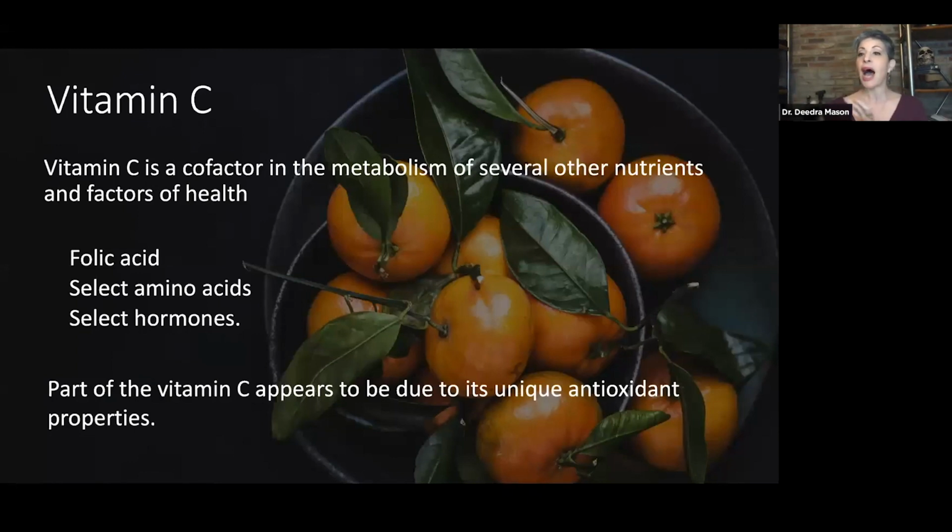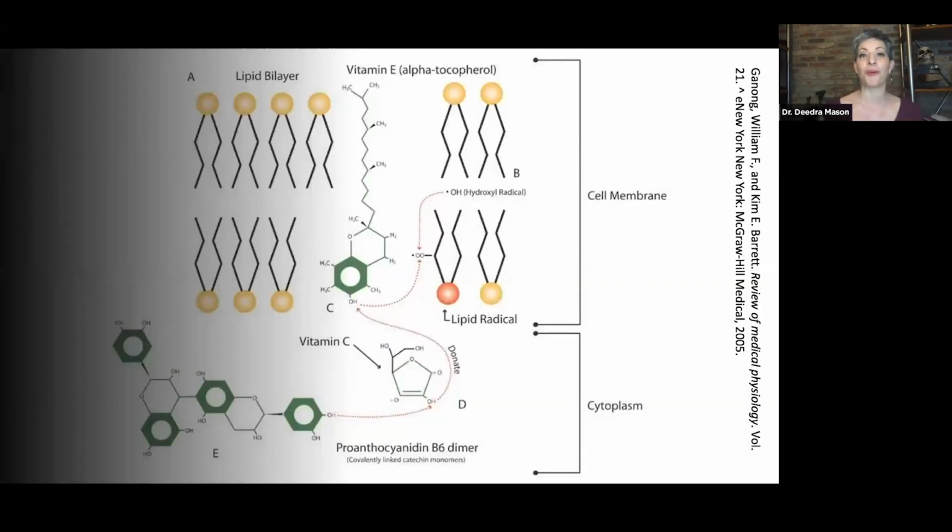Vitamin C is a major player also in folic acid metabolism and utilization, the benefits of amino acids to become neurotransmitters and hormones. This is a powerful play, right, when we look at vitamin C. So while you know of vitamin C as this thing that we do and to support immune function, I want you now to appreciate it as something that we do to support cellular function, cardiovascular function, and cell-to-cell communication.